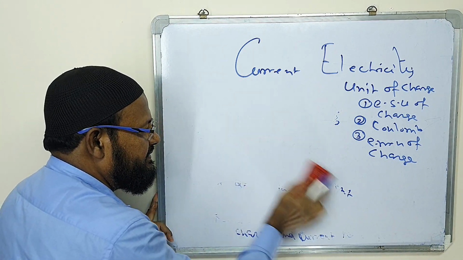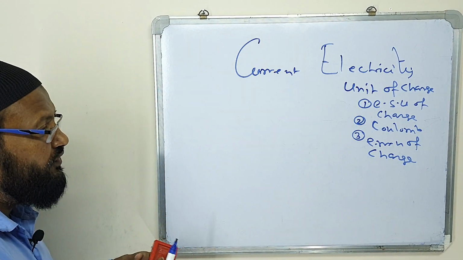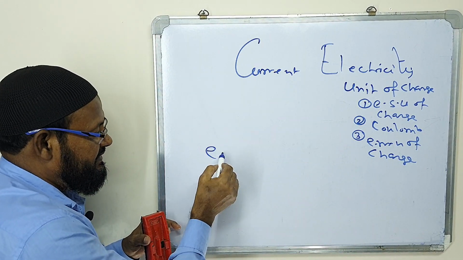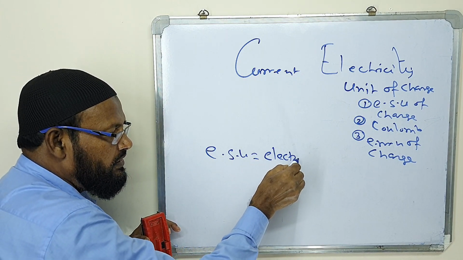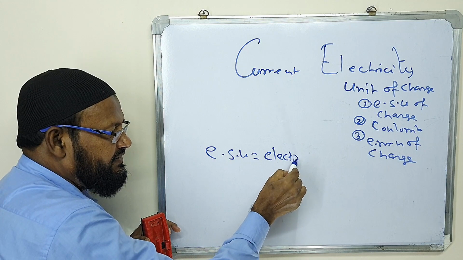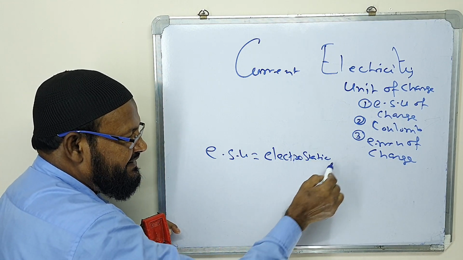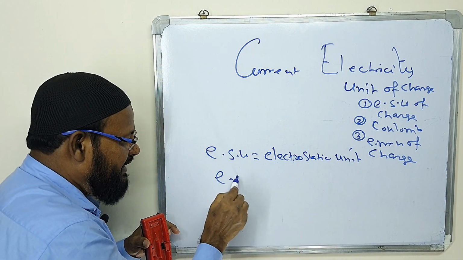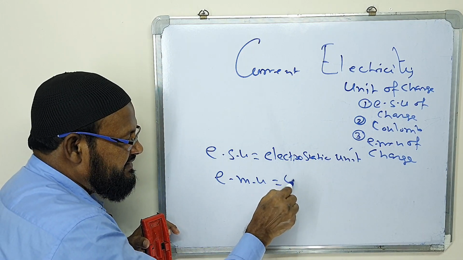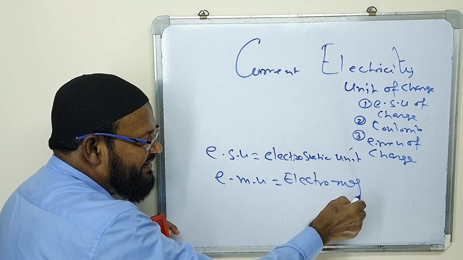Here, what is the full form of ESU? ESU, electrostatic unit. What is EMU? Electromagnetic unit.